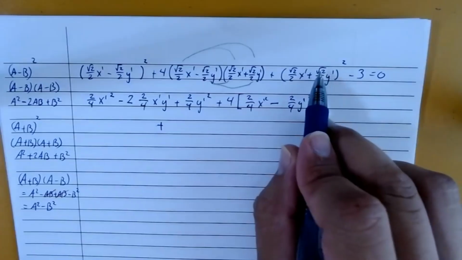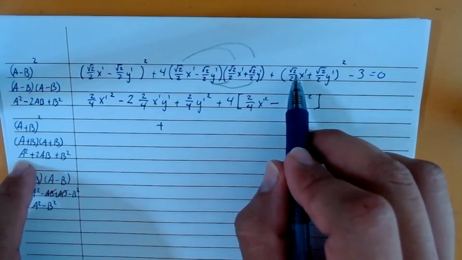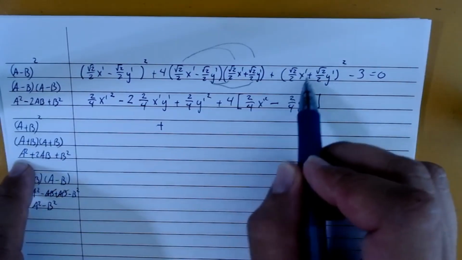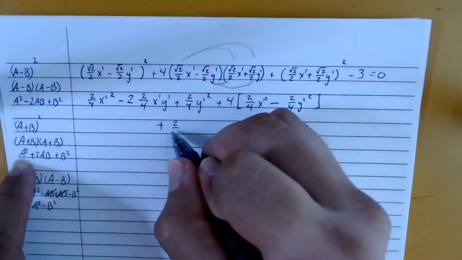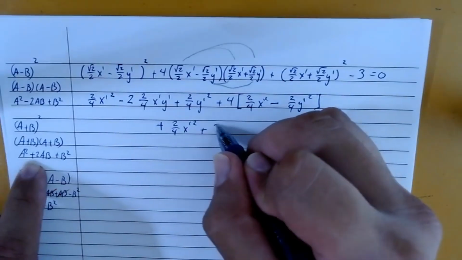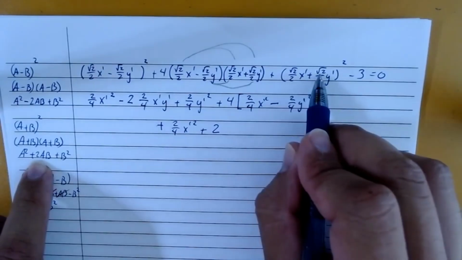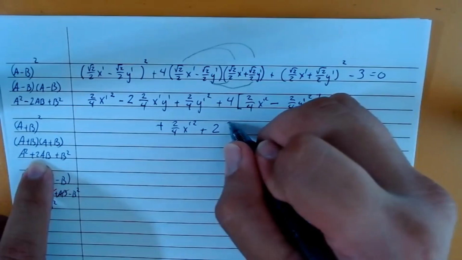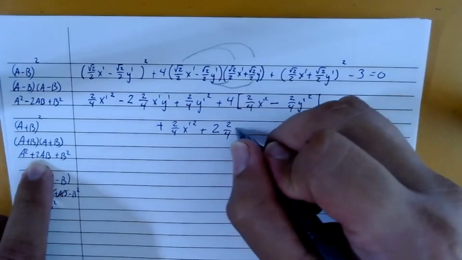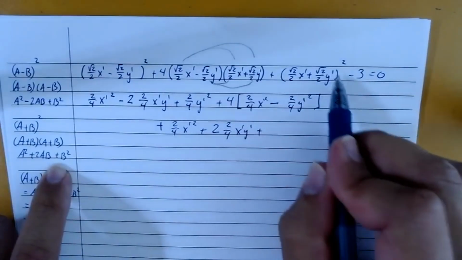Now if I square this one, once again, that's this one here. So that's going to be almost exactly the same as this first one, except there's a plus here instead of a minus. So square the first one. That's 2 over 4 x prime squared, plus double the product of those two, root 2 times root 2, that's root 4, which is just the number 2, over 2 times 2 is 4, x prime times y prime, and then plus, and then you're going to square the last one.